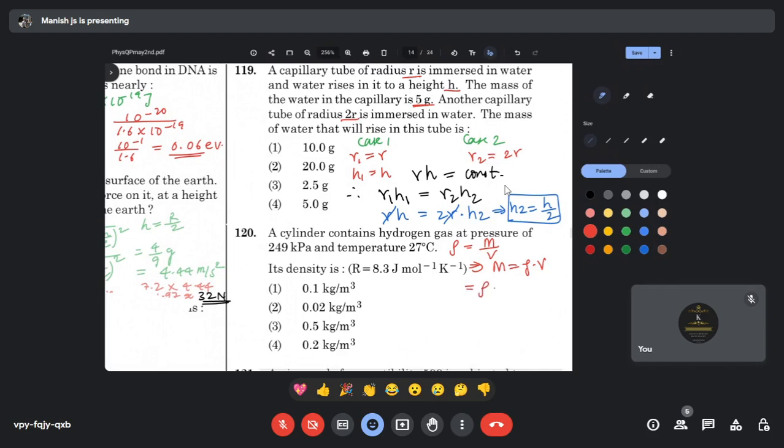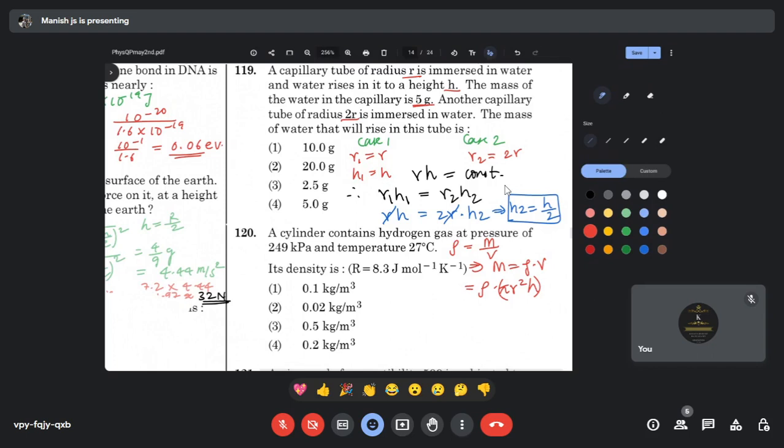Density is rho and volume: when you take a capillary tube, it is in the form of a cylinder. I hope you know the formula for volume of a cylinder: base area into height. Base area is the circle area, so pi r square into h. This is the formula for volume, the volume of the cylinder, that is the capillary tube.